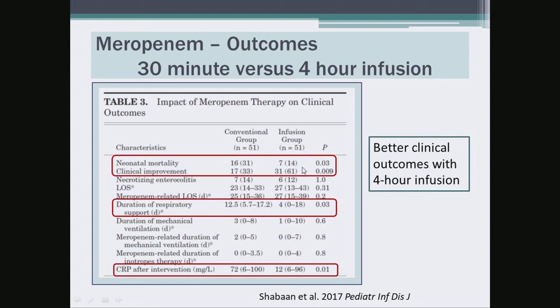And you can see that neonatal mortality was decreased, clinical improvement was increased, and the duration of respiratory support was diminished. And when they followed C-reactive protein as a guide to response to therapy, the CRPs were lower after the intervention. So in their study, and this is from Turkey, I believe, they found better outcomes with the 4-hour infusions.